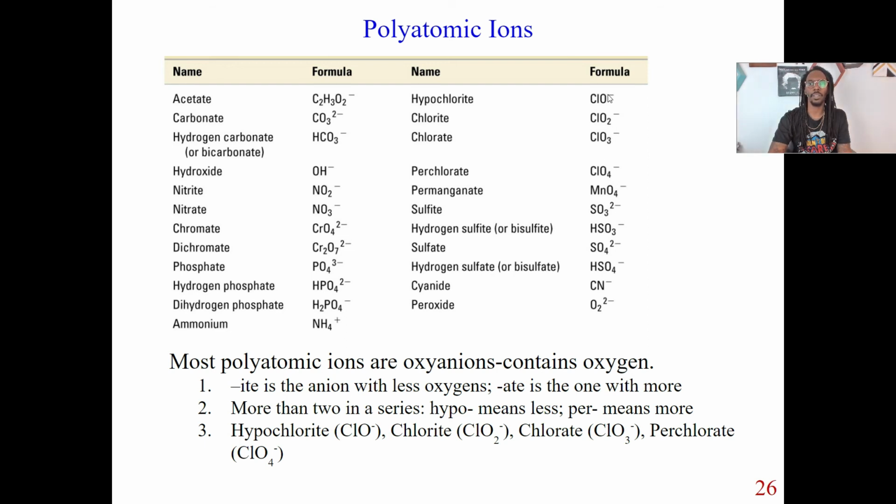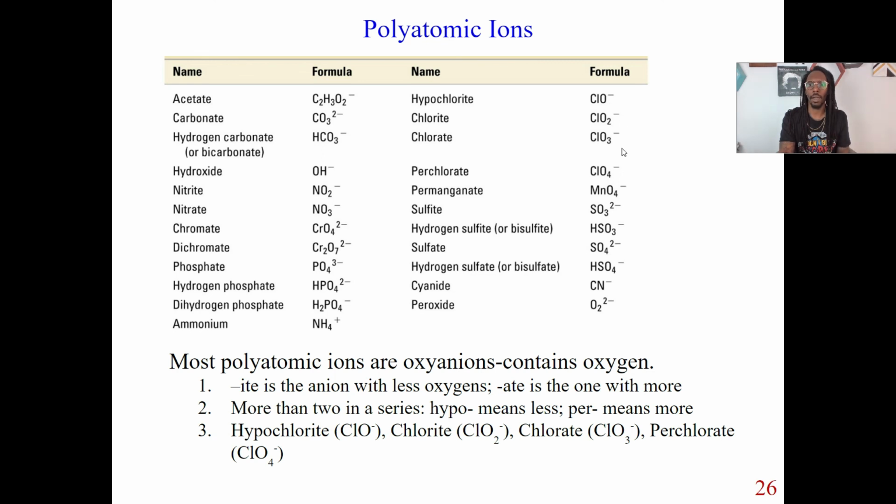For instance, if we go back to the chlorine oxygens here, the charges are not changing. The amount of oxygens is changing. So hypochlorite, chlorite, and perchlorate all have the same charge, -1. They're always going to have the same charge. The only difference is the amount of oxygens.